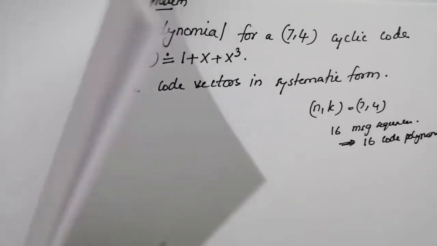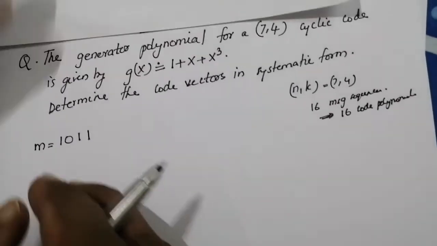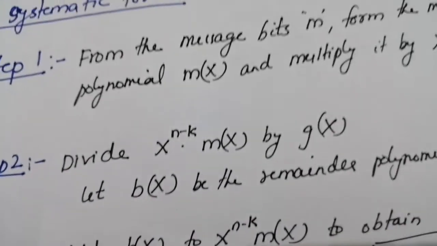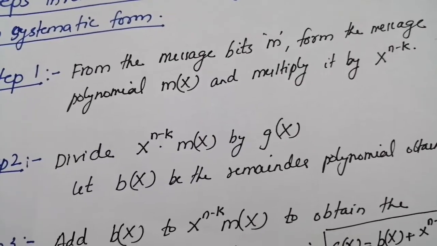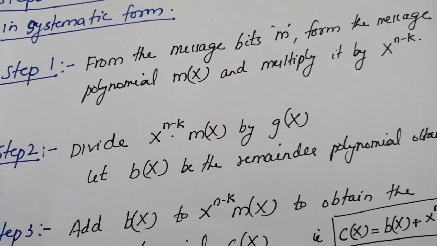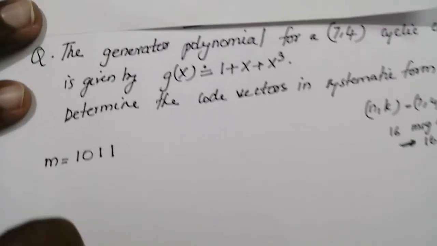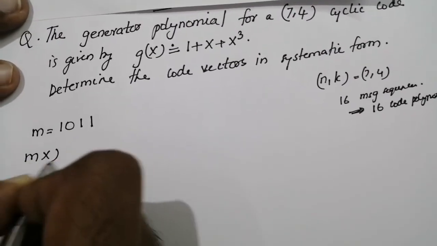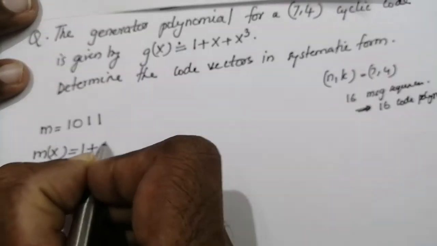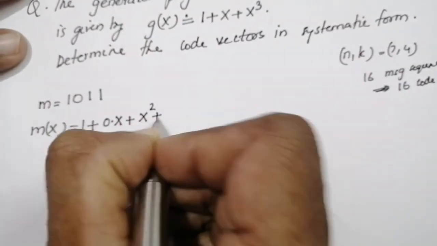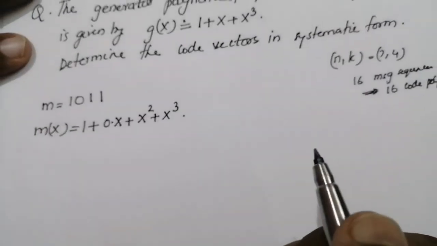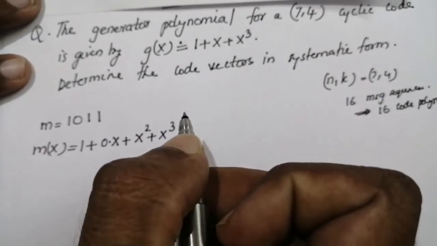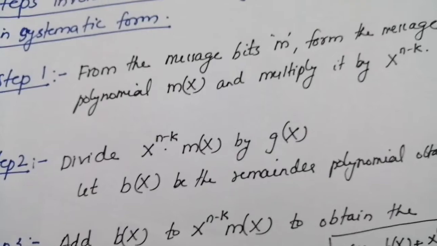Now what is step number 1? We know that step number 1 is, from the message bits m, form the message polynomial m of x. Given that m is 1, 0, 1, 1, m of x equals 1 plus 0 into x plus x square plus x cube. Now multiply it by x raised to n minus k.